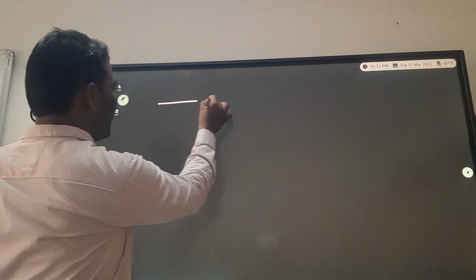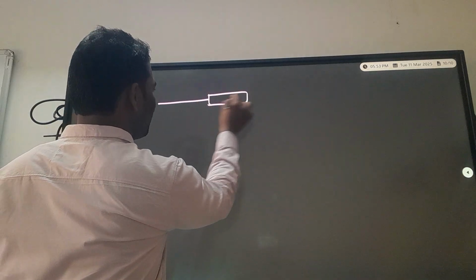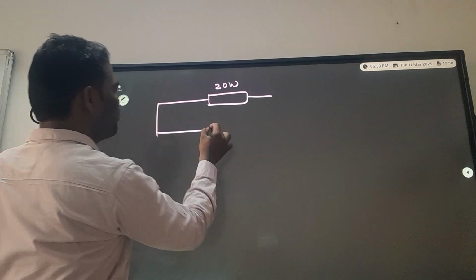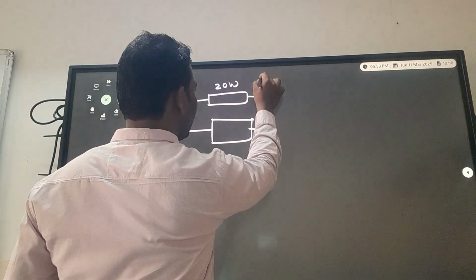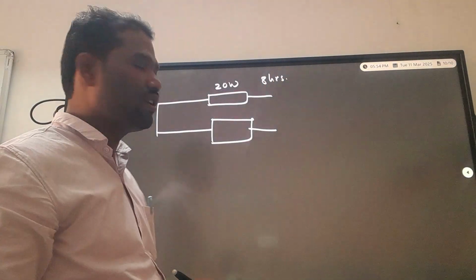Suppose we have different appliances, like a tube light, and this tube light is 20 watts, and we are using this tube light for 8 hours in a day. Then what is the electricity bill for the total month?